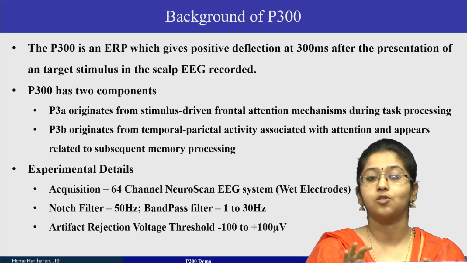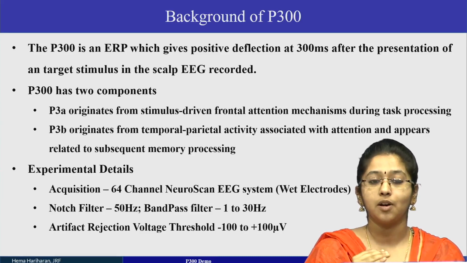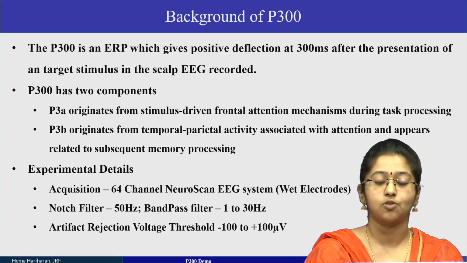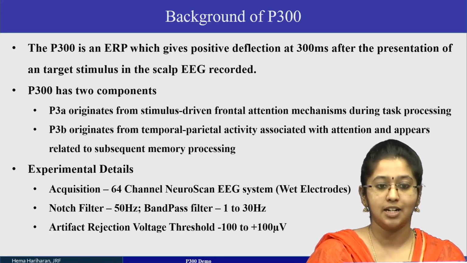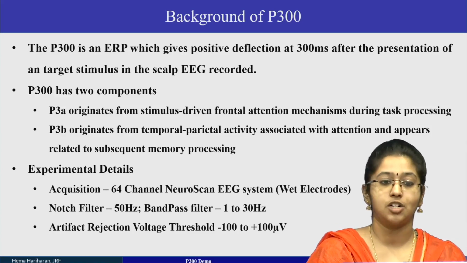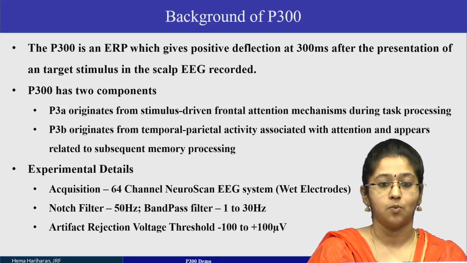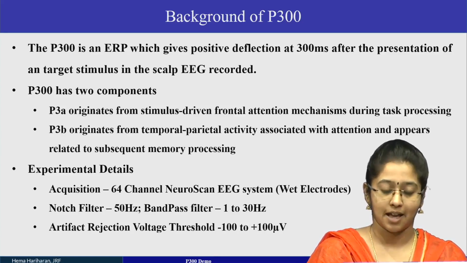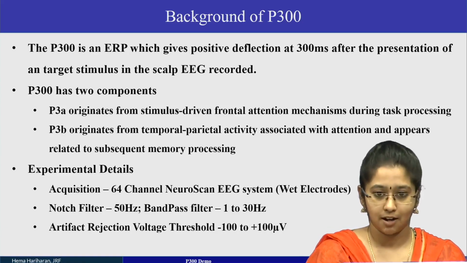We have to pay attention and keep it in memory. So both working memory and attention of the cognitive brain, how they work, can be studied in detail using P300 analysis.